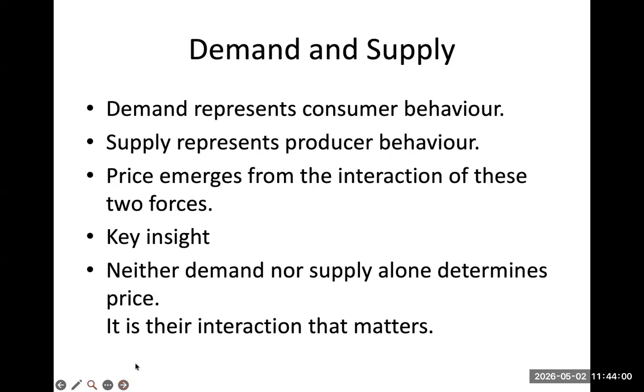It is the result of the interaction between both demand and supply. This is a very important aspect of economics. It's neither demand nor supply alone that determines the price. It is their interaction that matters.